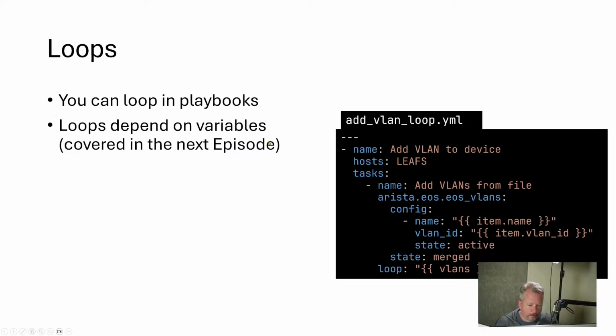Yeah, loops. We could also do loops. We're not going to talk too much about loops. We can loop through a playbook, so loop through items from a variable, but the variables we're going to get into in the next episode. So we're going to spend more time talking about loops in the next episode.